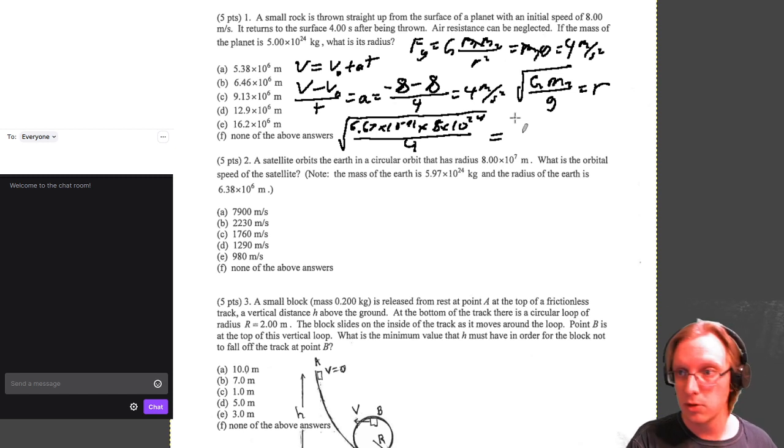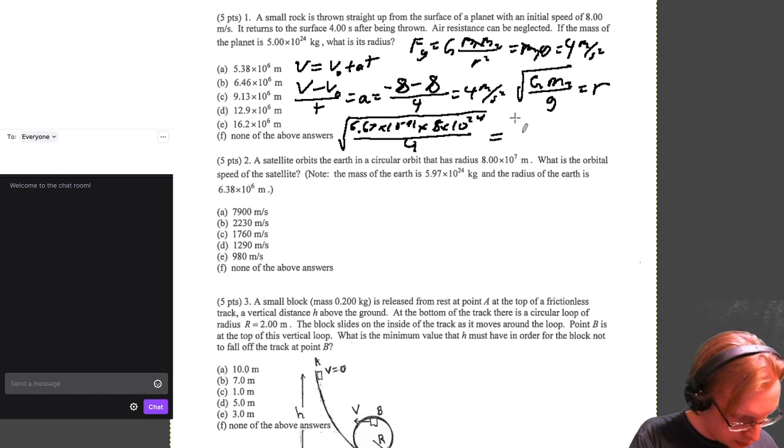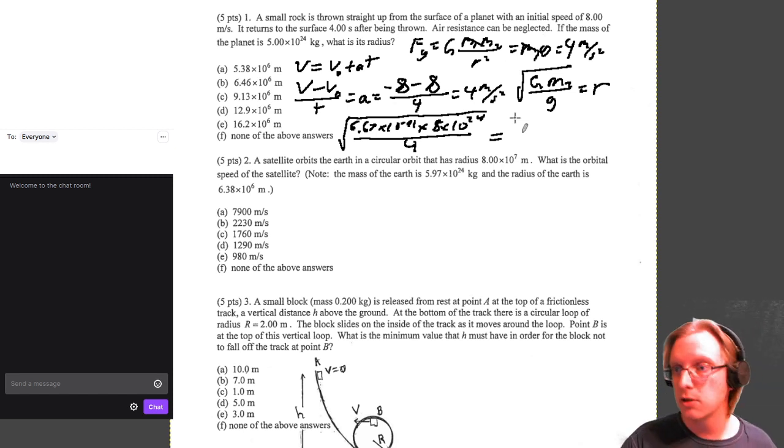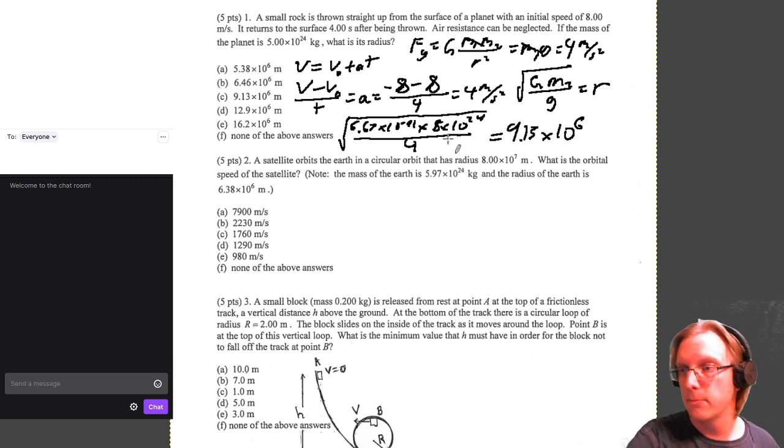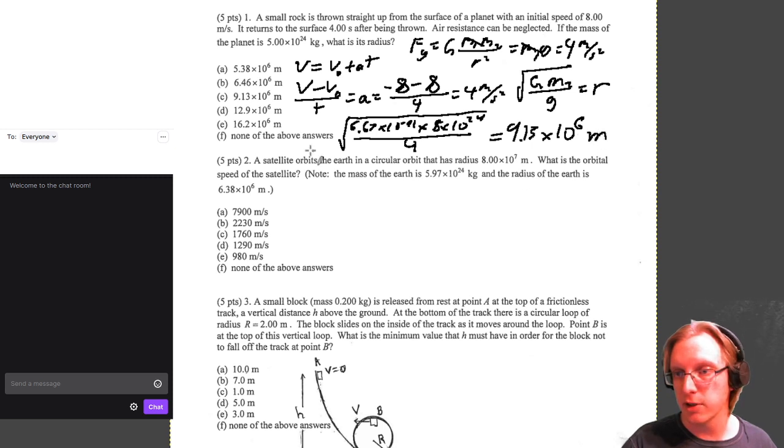Alright, that's a big number. 9.13 times 10 to the 6 meters. We're looking for a radius, it's got to be in meters. 9.13. Ah, look at that. Very good.